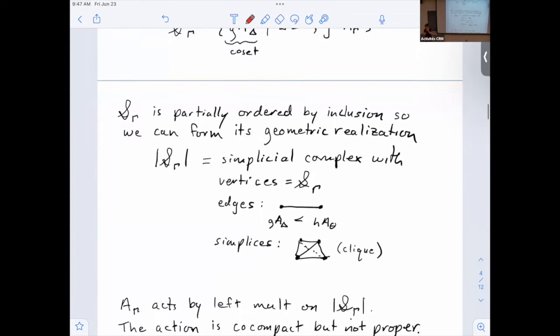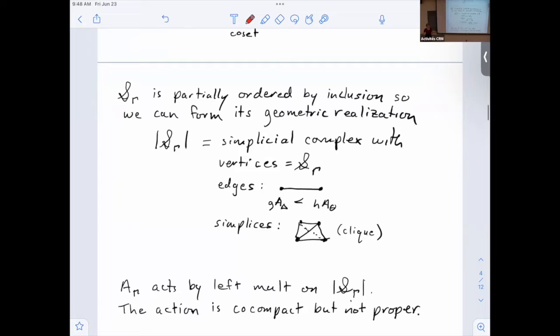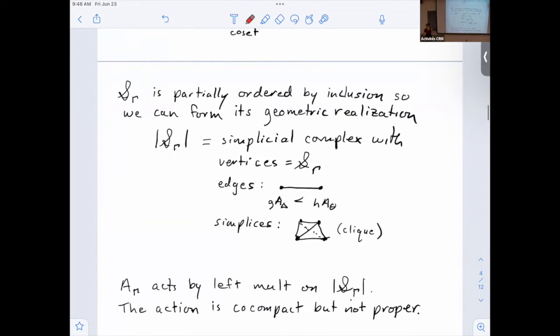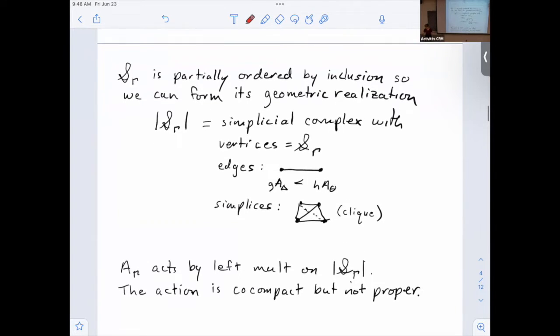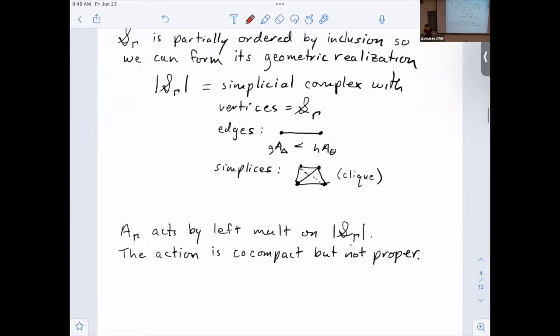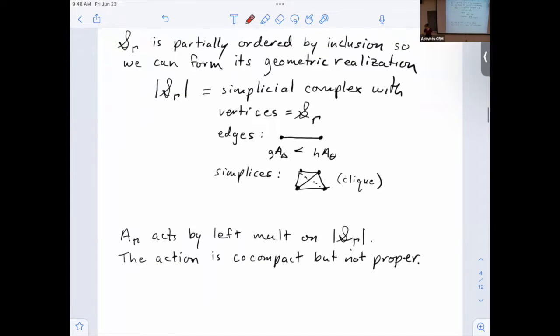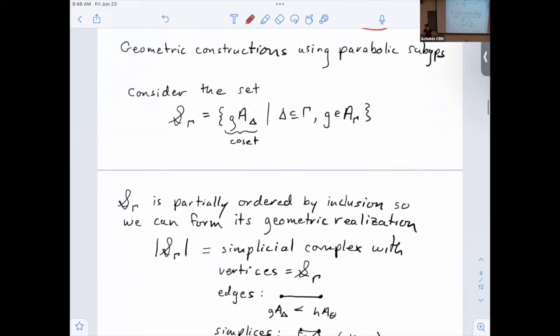So I built this simplicial complex, standard construction. And I noticed that in my group, A gamma acts by left multiplication on this, namely given any coset, if I take an element, say A in A gamma, I can left multiply and G A delta will go to A G A delta.